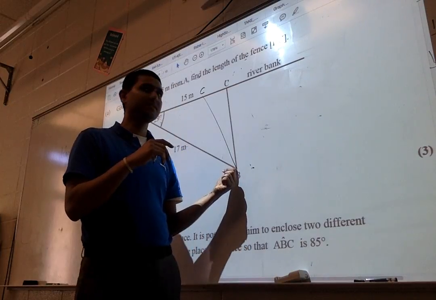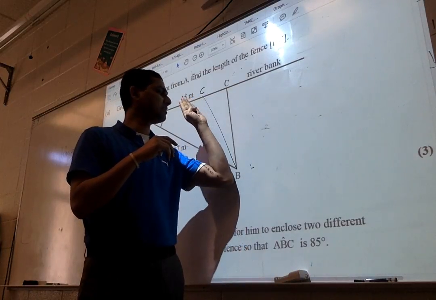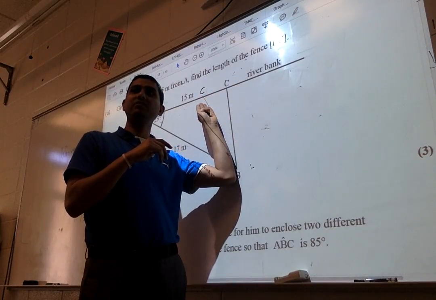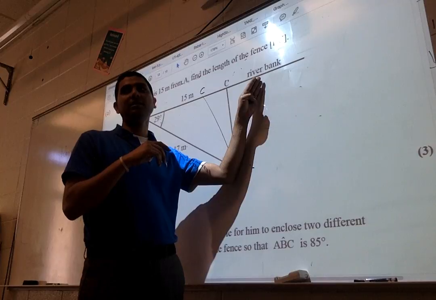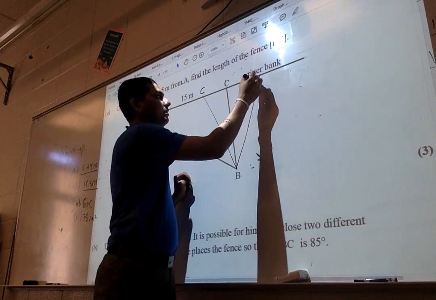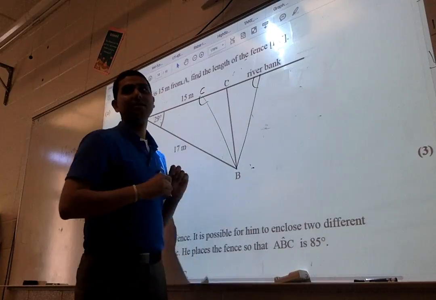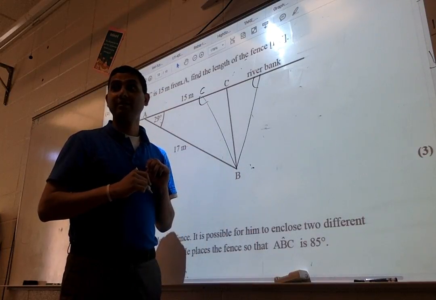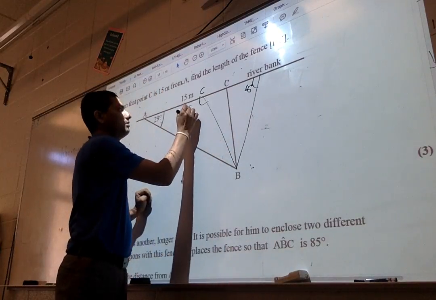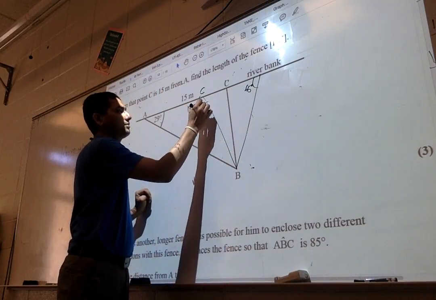That means he's using the same vertex and the same reference point. This means this is the minimum point he can go, and this is the maximum point he can go. That can be possible only if these two angles are supplementary. So if this is 66, this has to be 180 minus 66.